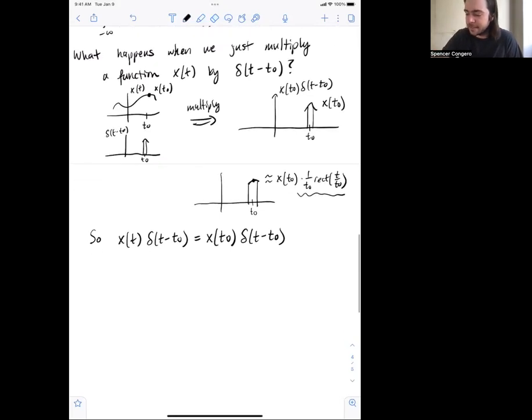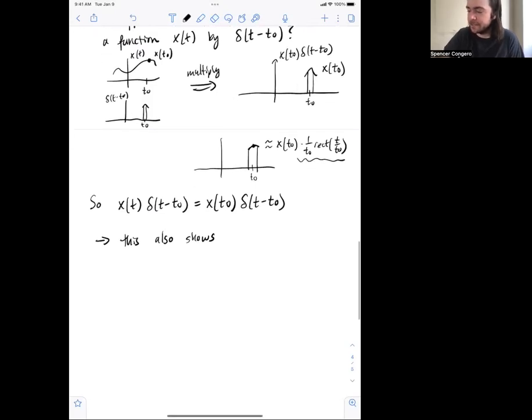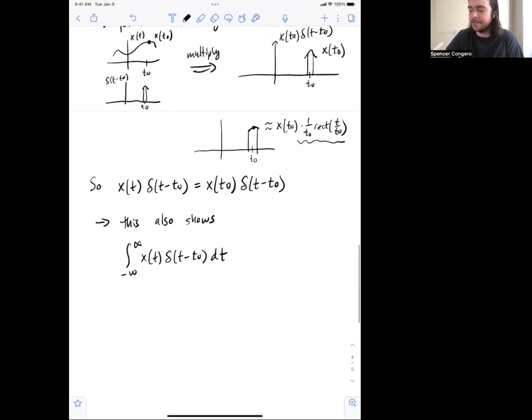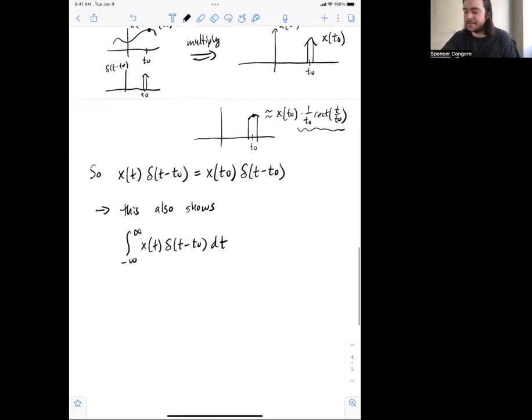Let's check the other property using this. I have the integral of x of t times delta of t minus t naught, dt. This is what we saw above. We know that this picks out the value of x of t at the location of the delta, so x of t naught.